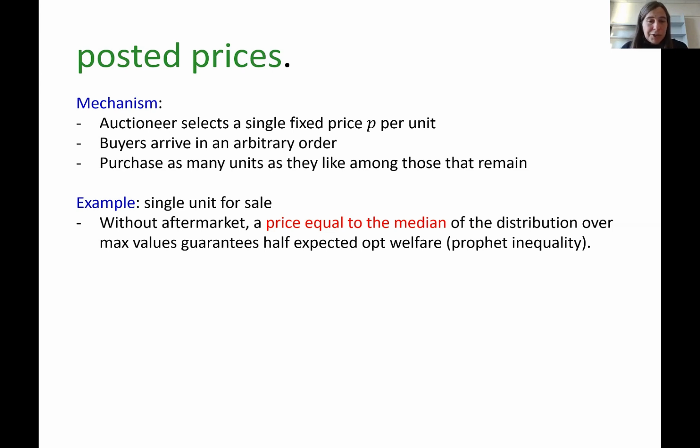The prophet inequality says that if you set a price equal to the median of the distribution of the max values, then this is going to guarantee half the expected optimal welfare. This is a famous result of Samuel-Kahn from the 80s, maybe. And so, indeed, you can get good welfare properties with a posted price mechanism.